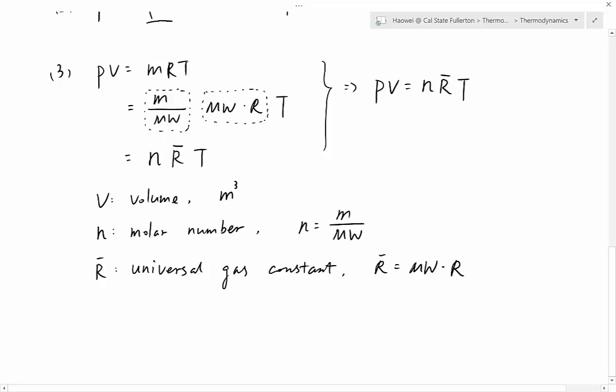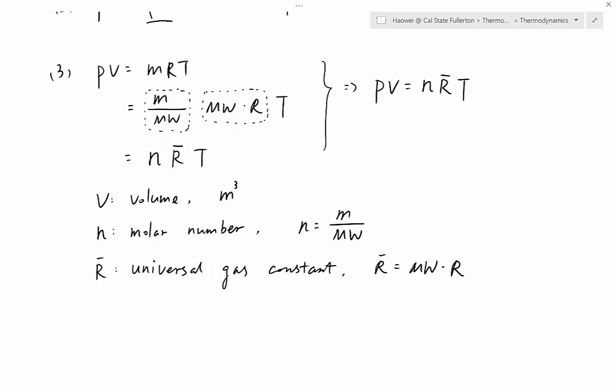R bar is really easy to use. Why? Because R bar is a constant and the value of R bar doesn't change no matter what kind of gas you have. So it's much easier to use than R because the value of R depends on what kind of gas you have. But R bar is always a constant no matter what kind of gas you have.